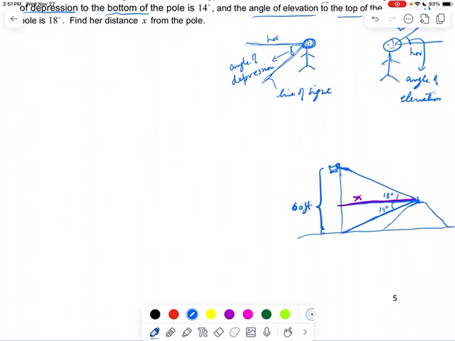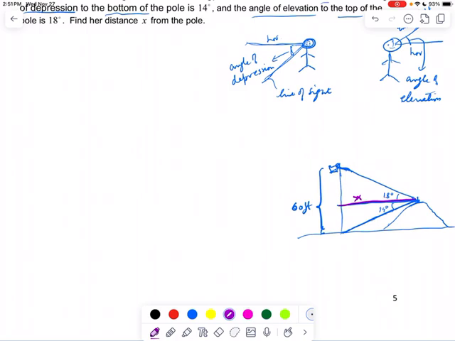So how do we proceed from here? We will start by looking at the two triangles. Can you see two right triangles here? That's what we will start with. From the top triangle we have 18 degrees and x, which we have to find.